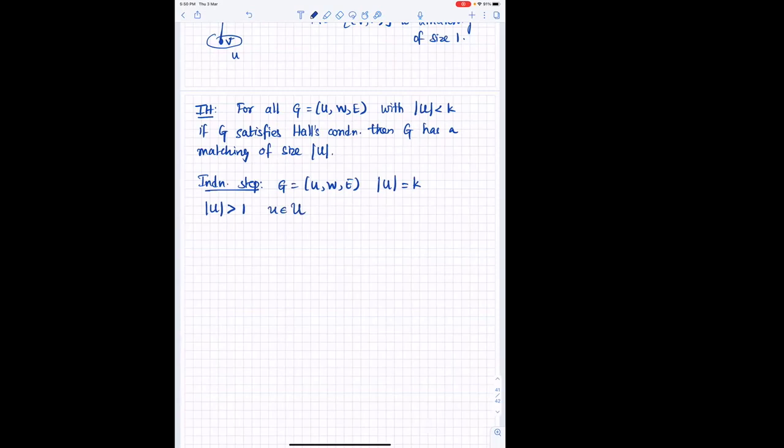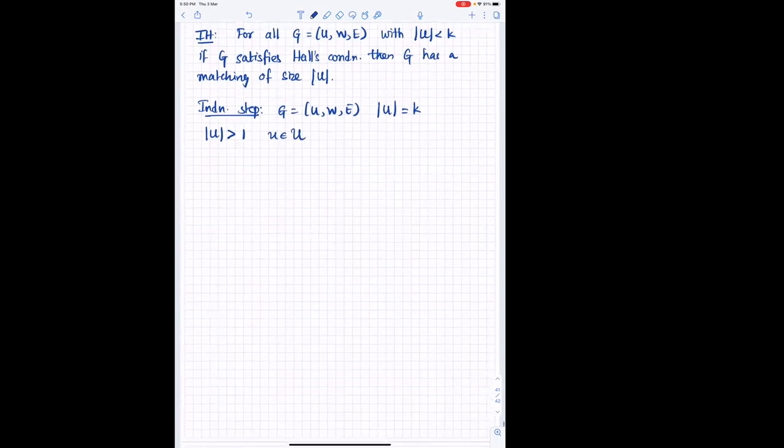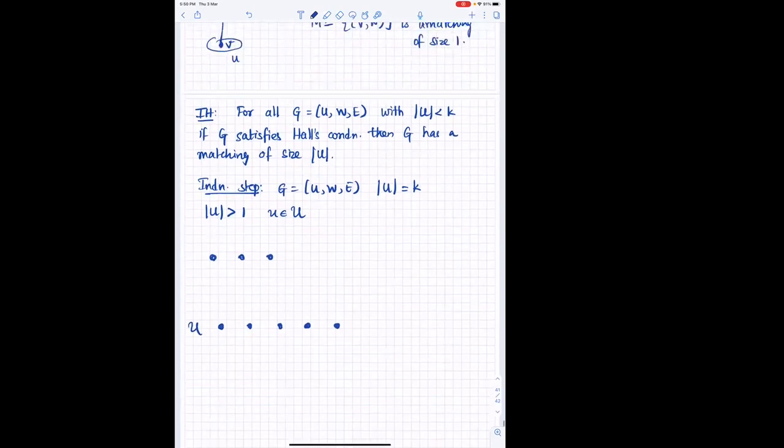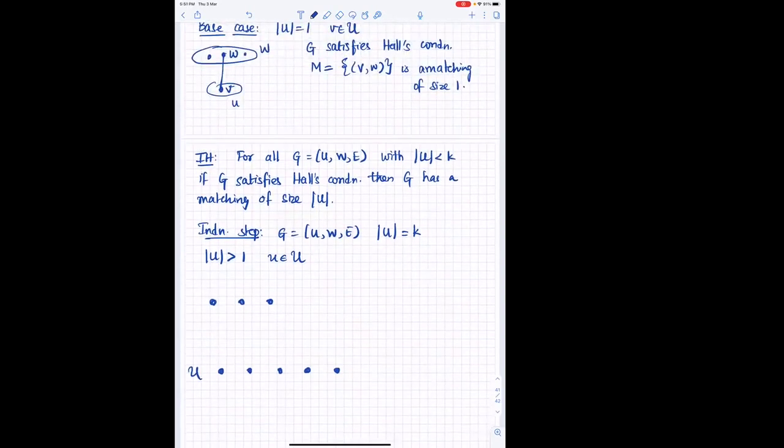So let me just put a reference picture here. So there are these vertices in U. There are more vertices in. So there is one thing I must mention here. Okay, let me just finish the picture.